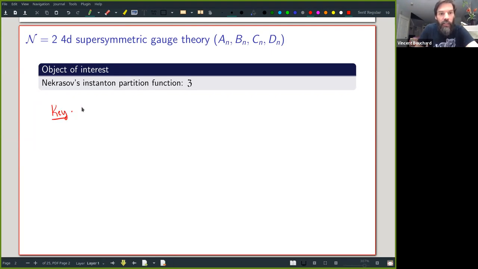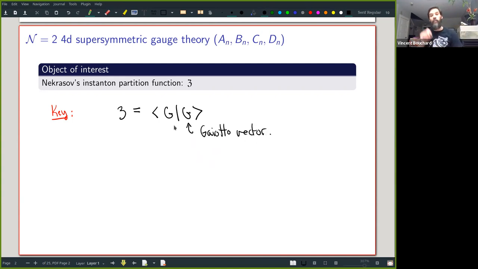But the key thing I want to mention is that this partition function, as is well known now, can be obtained as the norm square of a vector. I'll explain what these things are in this talk. This is called the Gaiotto vector, and that vector is going to be the main object of this talk.